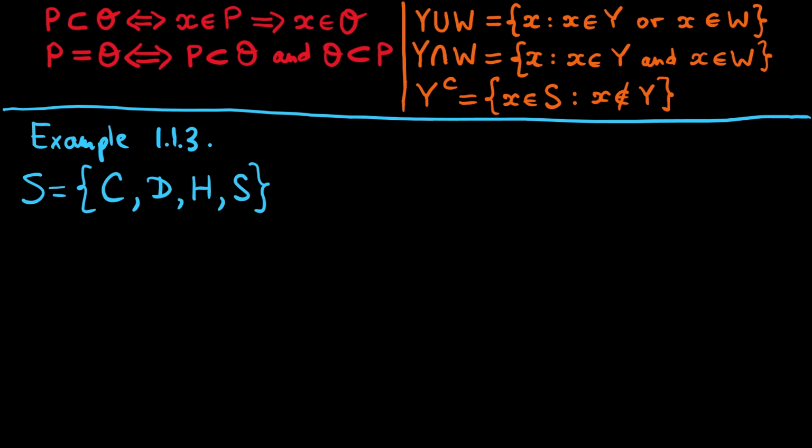Then we're told that we are interested in a couple of events. Event A is that the suit of the selected card is C or D, clubs or diamonds.